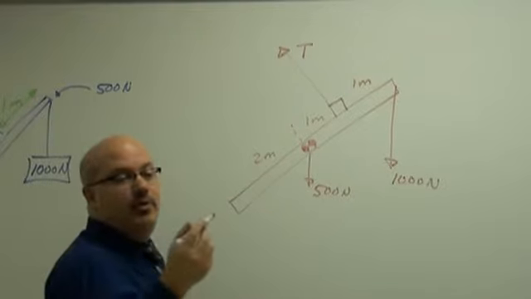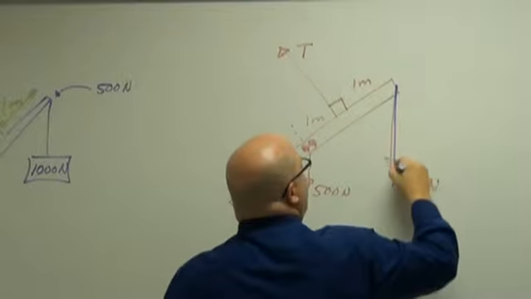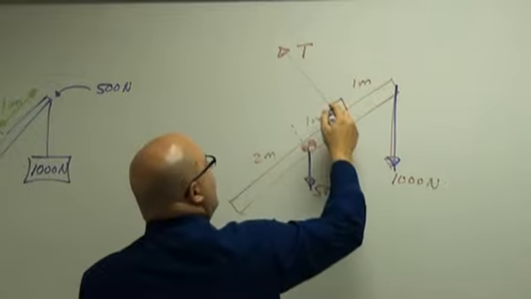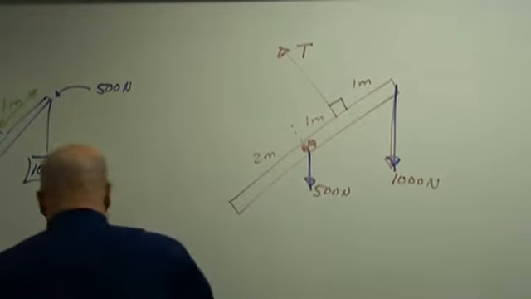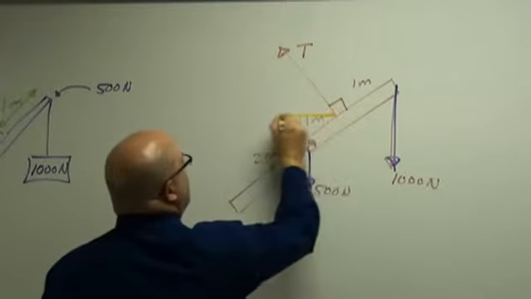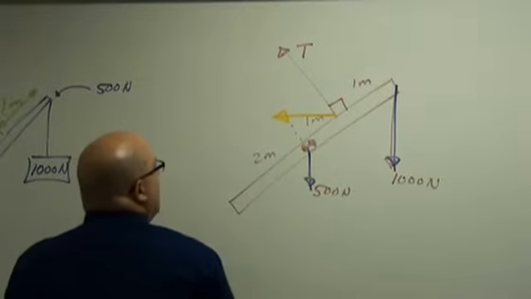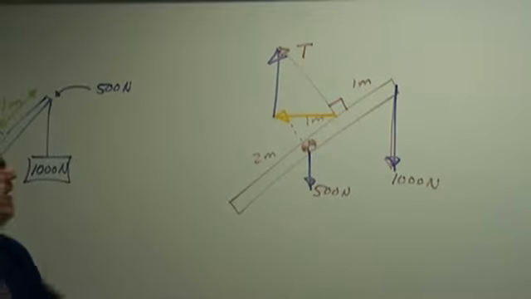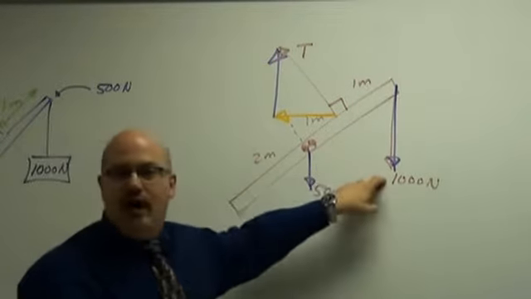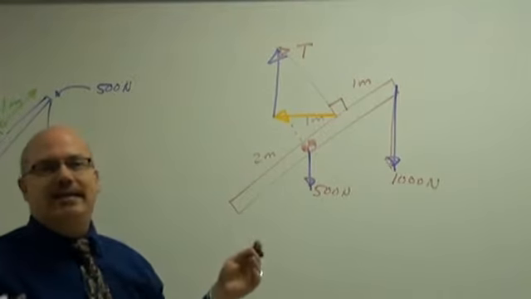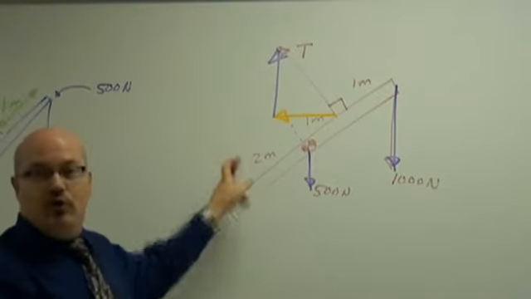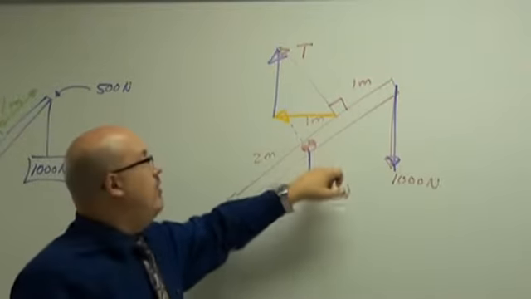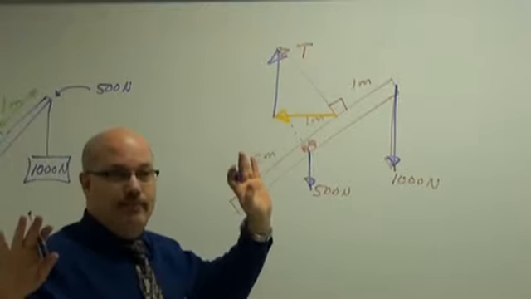If we split these up, and let's say all the verticals are purple, and this one is both horizontal and vertical, and we make our horizontals yellow, these are the components of my tension. I've got this up and these two down, so there's no real indication yet that there needs to be a vertical force here, because it's possible that these two could cancel that one, and we could be okay.